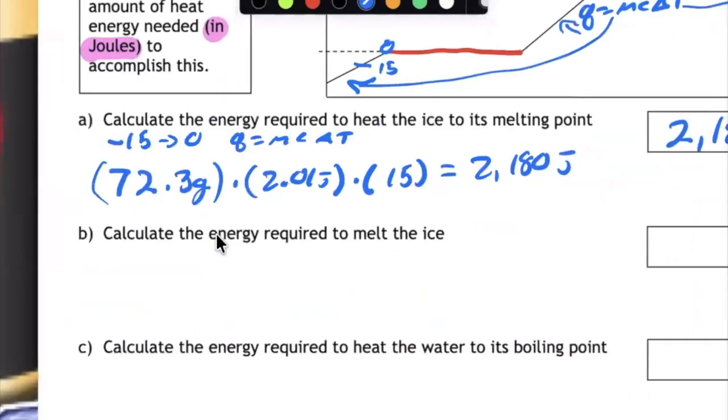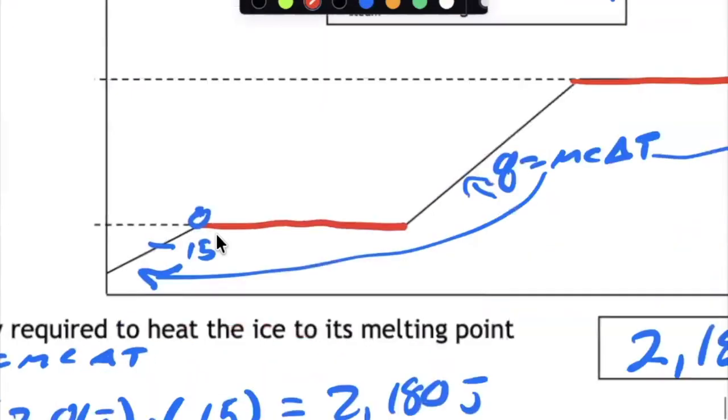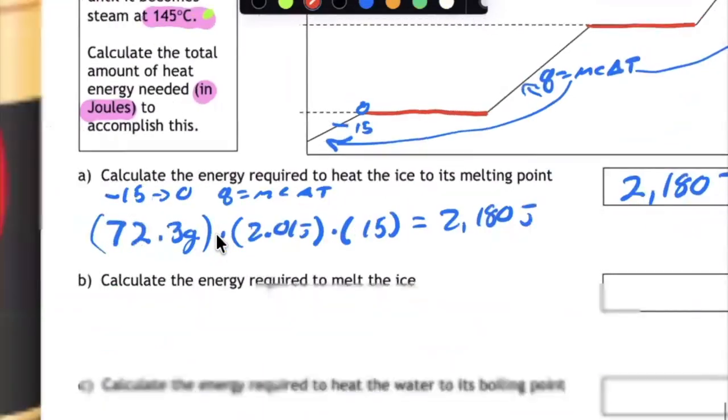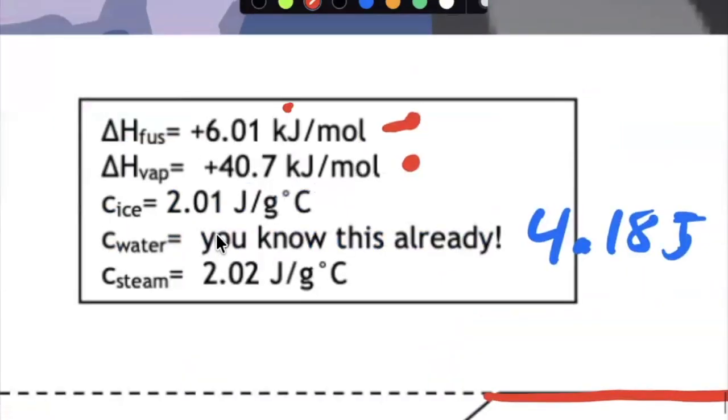Okay, next is energy required to melt the ice. And that is going to be your delta H of fusion right here. And so for that, what I'm going to do is use this as a conversion factor. So I know it takes 6.01 kilojoules. This is important, kilojoules per mole.